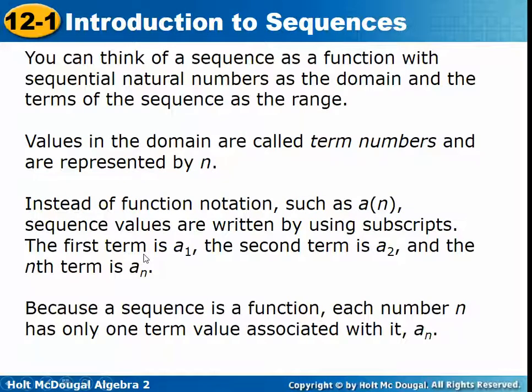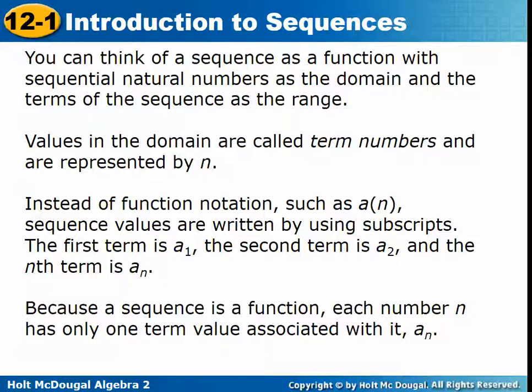All right, so here's some more information about sequences. You can think of a sequence as a function with sequential natural numbers as the domain, like 1, 2, 3, 4, and the terms of the sequence as the range. Values in the domain are called term numbers and are represented by n. So that's like the x.